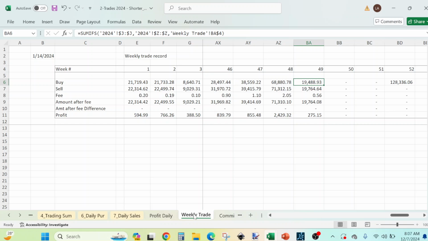Oh, okay, I think this one is, yeah, it's going to track it based on 49. It's not going to track it the way we are tracking it here.